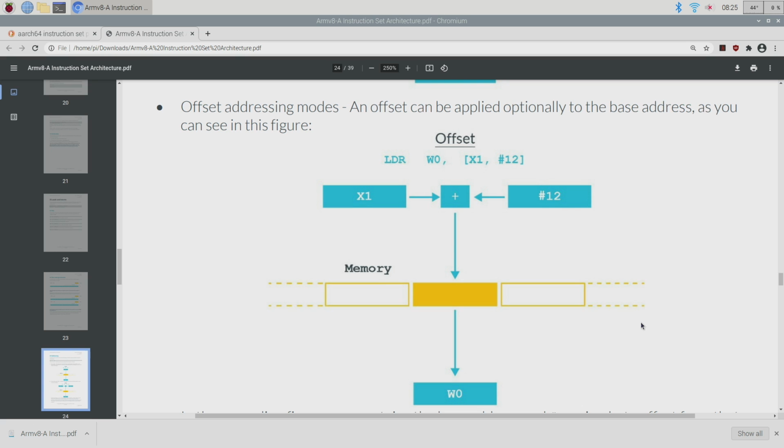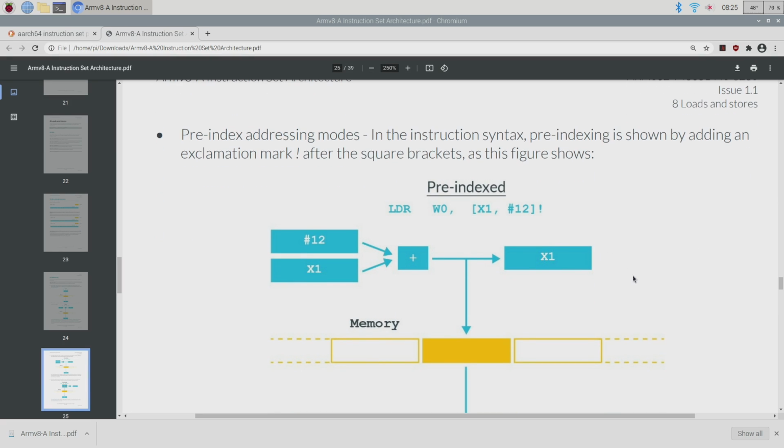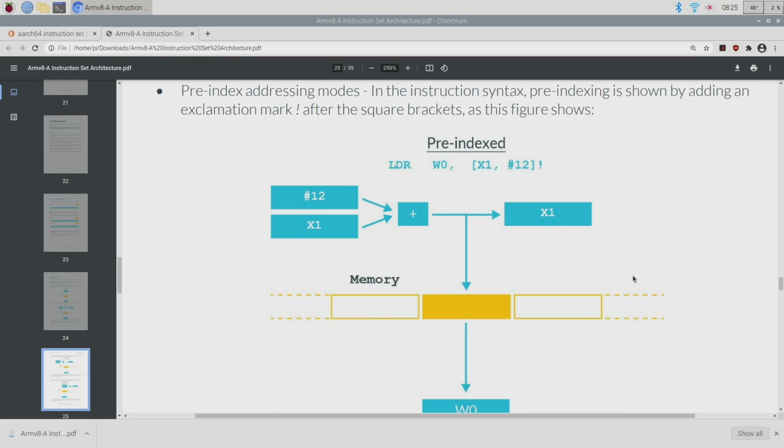Okay, so that's the offset version, right? Base, comma, offset. All right, now there's a specific way that we've used that, okay, which is pre or post indexed, okay?